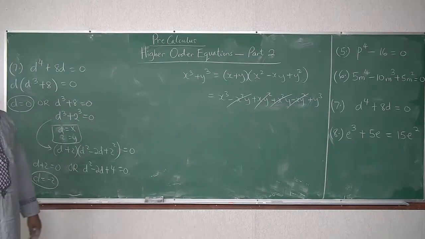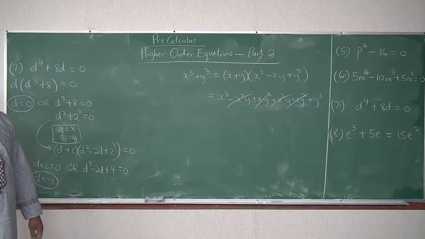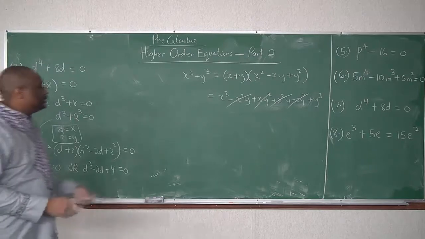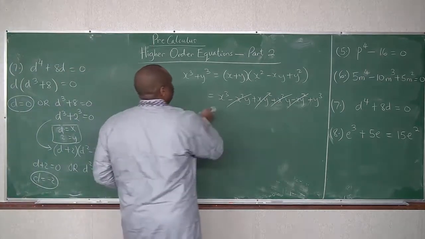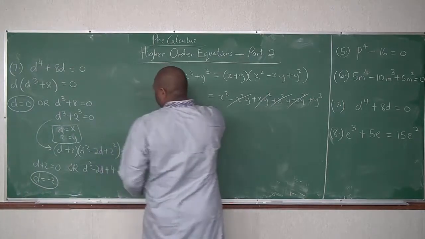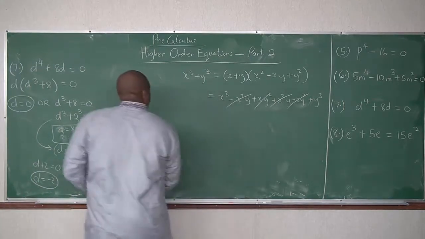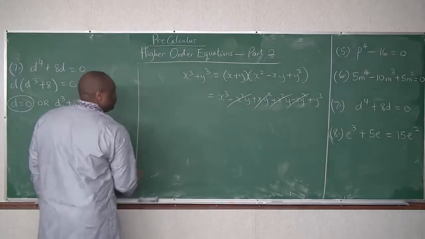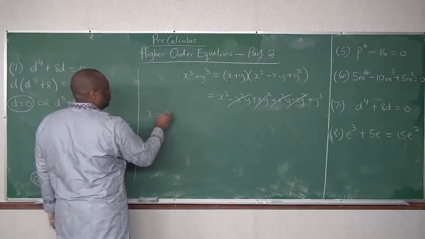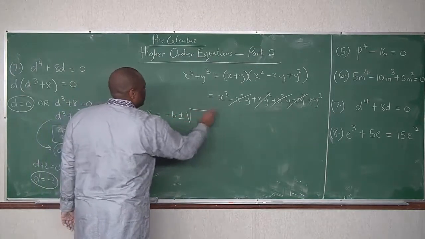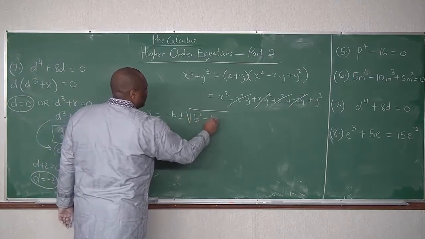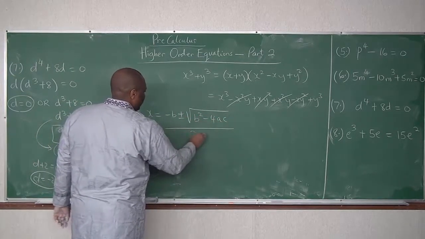So we have to solve it by what? The quadratic formula, to find the other roots. What is the quadratic formula? x is equal to -b plus or minus the square root of b squared minus 4ac, all over 2a.